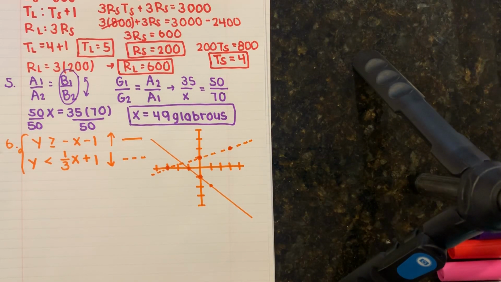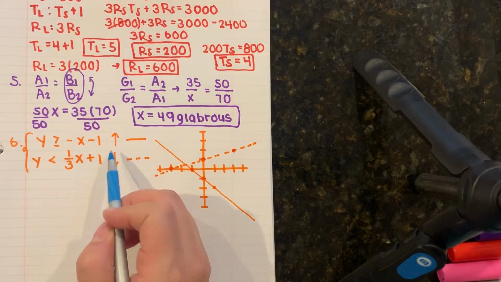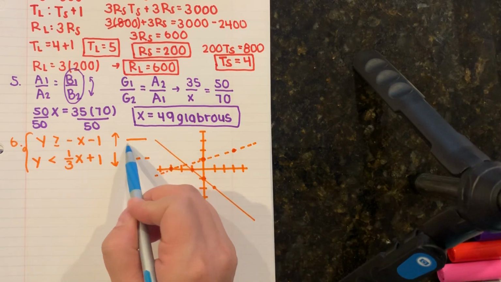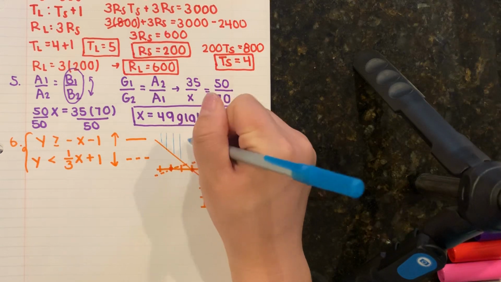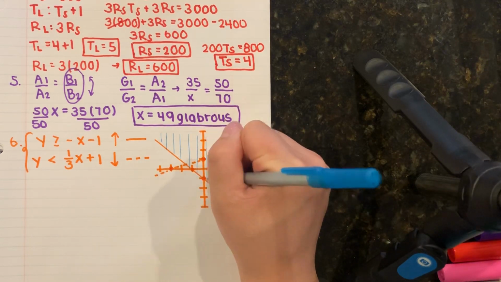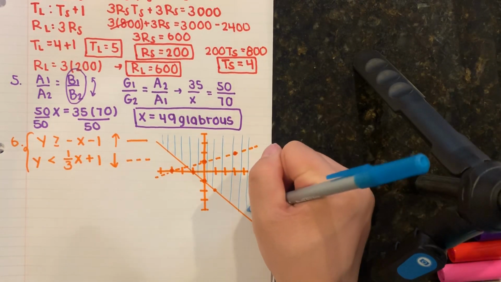And now we're going to shade our region. So the first thing that I'm going to do is, it says y is greater than, so I know that this line, this solid line, I'm going to shade everything above it. So I'm going to shade everything above this line.